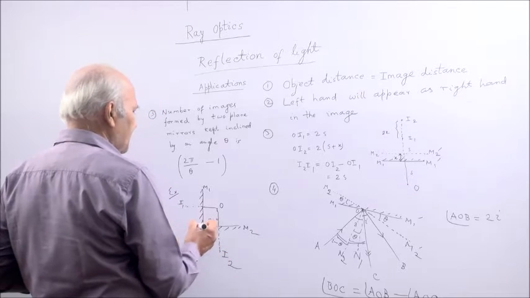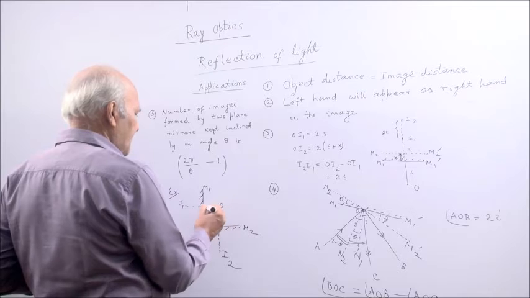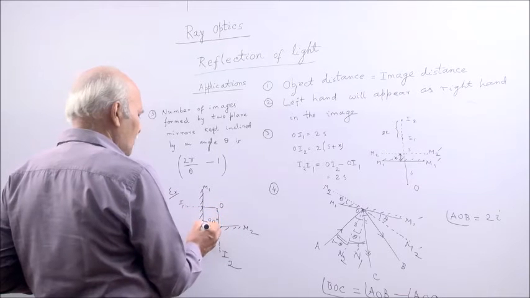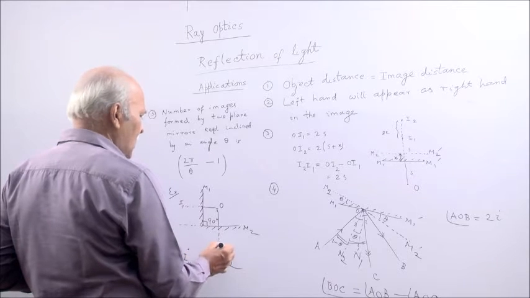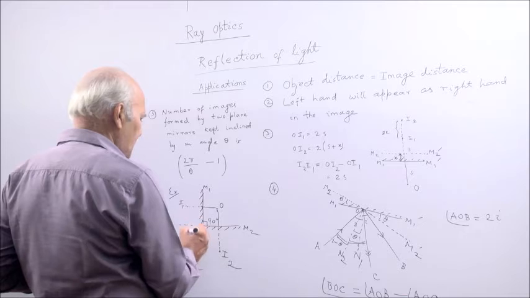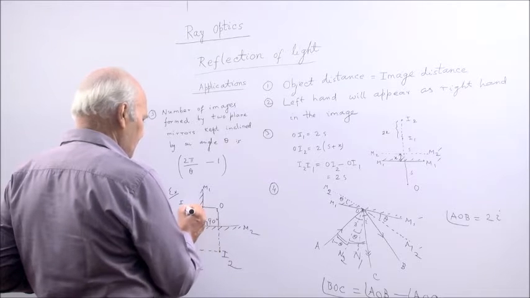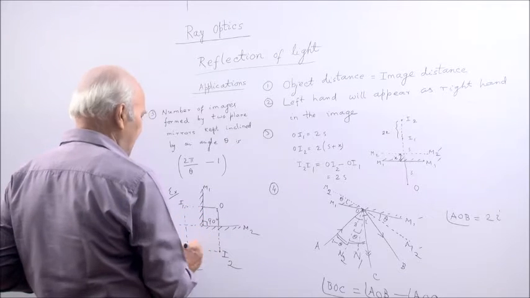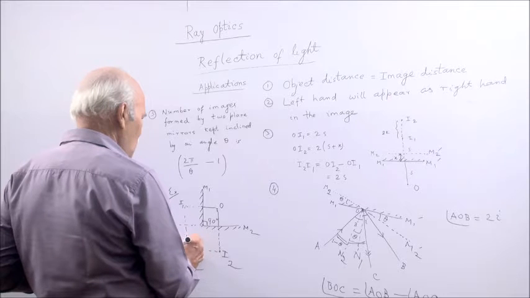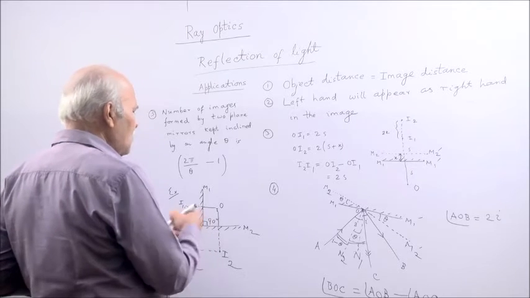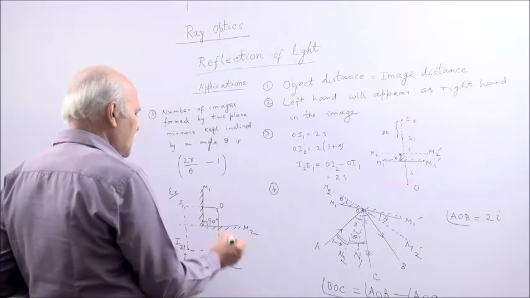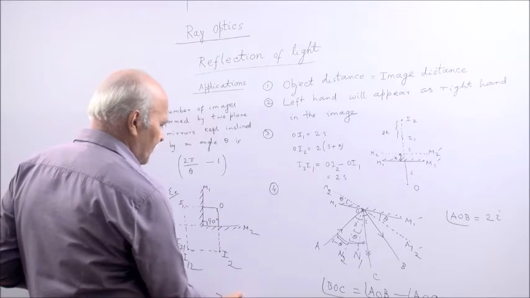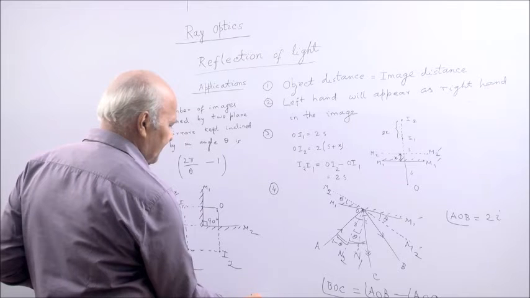Then this image also makes another image, say here, that you can say is I12, and this image forms another image that is also formed there. So it is I21. So I12 and I21 coincide. So that is how you get 3 virtual images as expected.